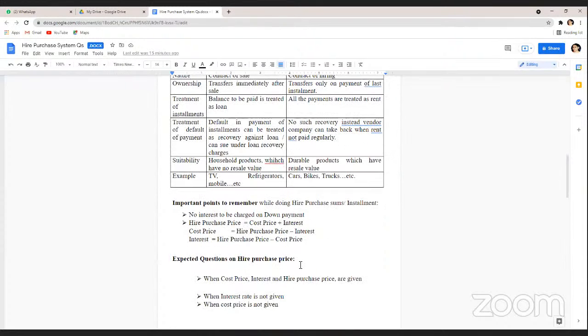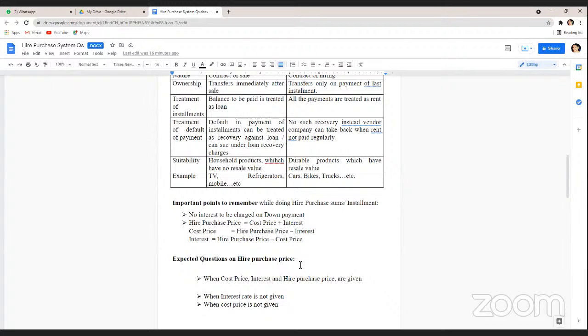And from the accounting perspective, while doing the hire purchase system, the accounting methodology is almost the same as I said. Only the ownership transfers on the payment of the down payment for the installment system, and ownership transfers at the last payment of the last installment of the hire purchase.